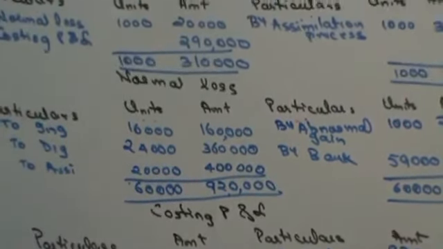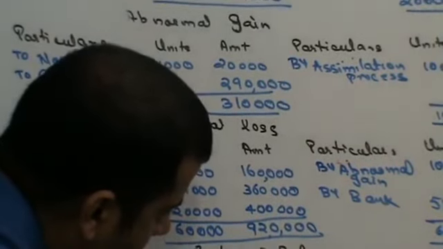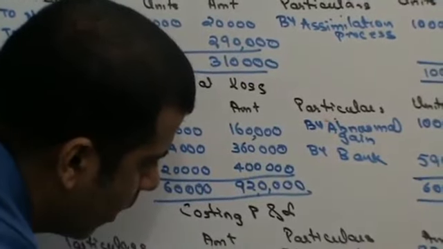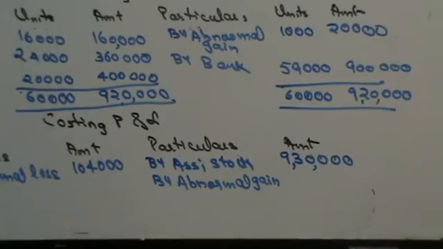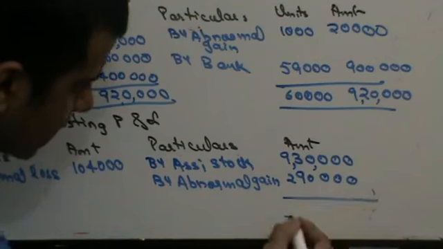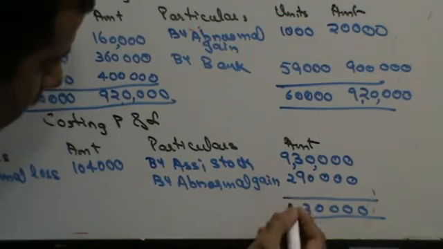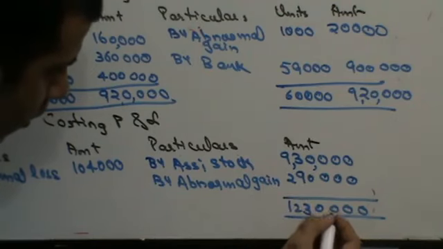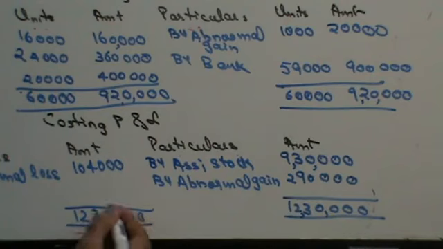Then you have costing P&L in abnormal gain, by abnormal gain. In that you have costing P&L of 2,90,000. Tally this. This will be 12,30,000.